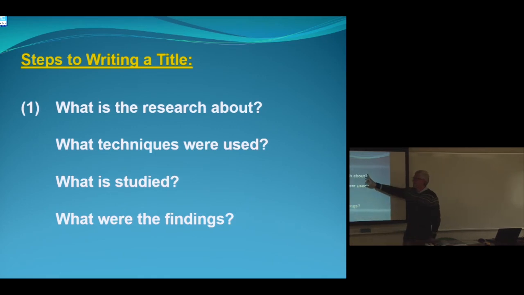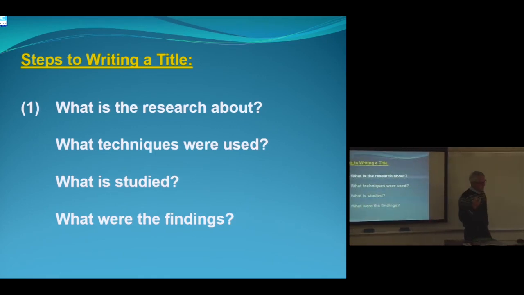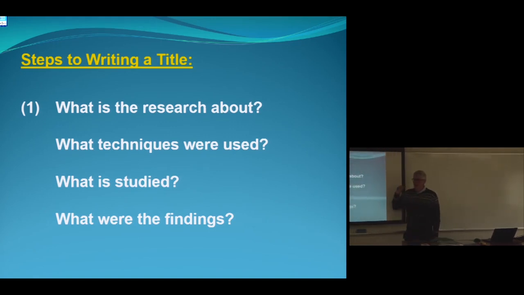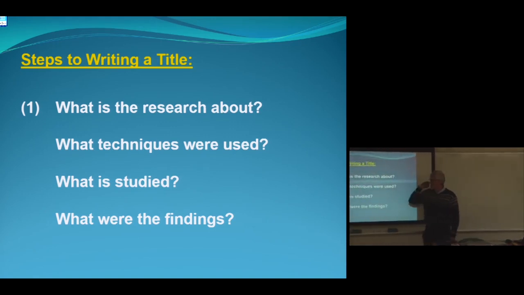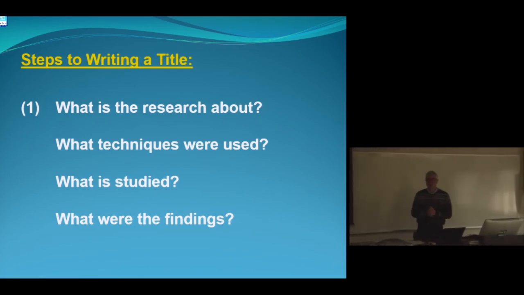But in fact, that title is going to be one of the most important sources for you to market your research. So you need to have in that title what the research is about, what techniques were used, what is studied, what were the findings.